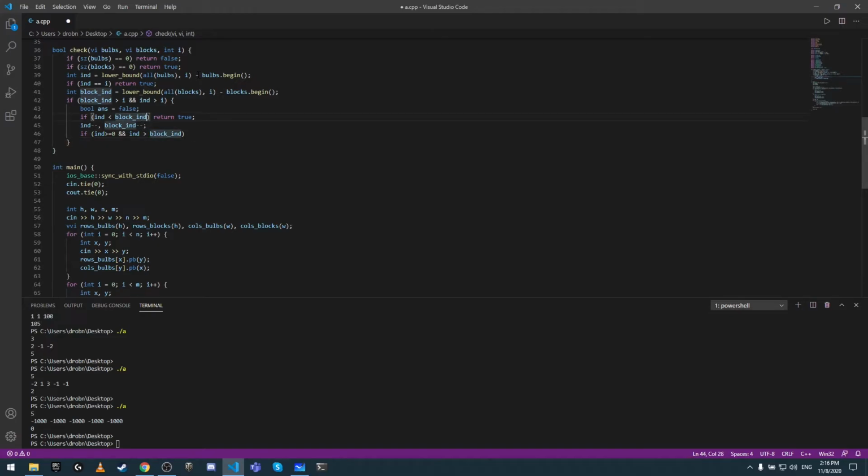What are those indexes? Oops, index, right? This will give you index in there.